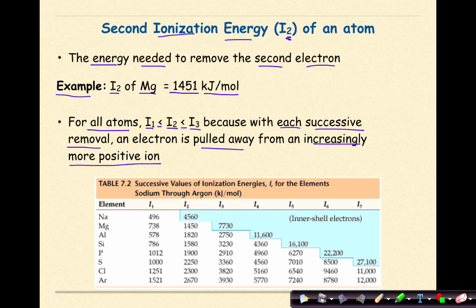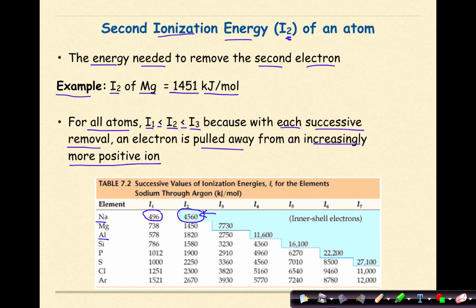So if we look at this table below, we can see for sodium, the first ionization energy is 496 kilojoules per mole. But once we go beyond that one valence electron into the second ionization energy, we see a huge jump because all of a sudden we are in our core electrons. Same thing for aluminum.